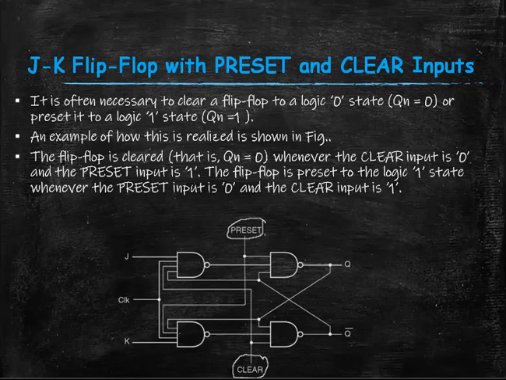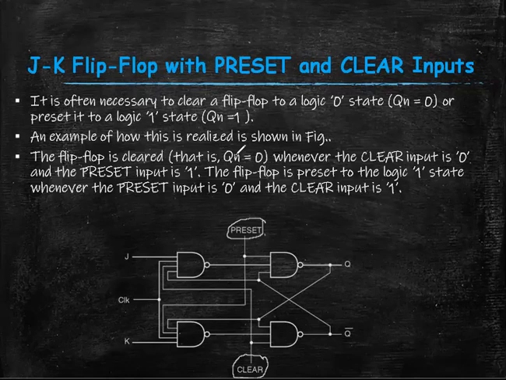This flip-flop can be cleared whenever the clear input is 0 and the preset input is 1. That is to set Qn equal to 0.